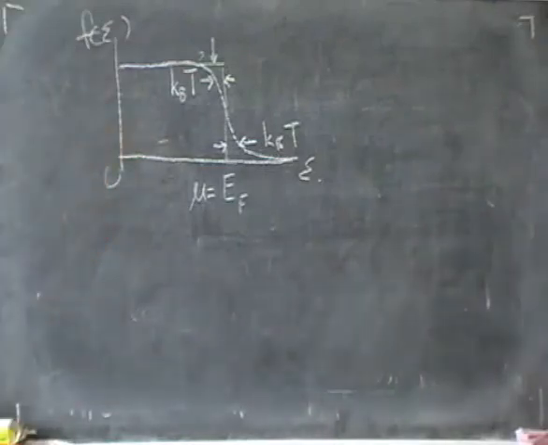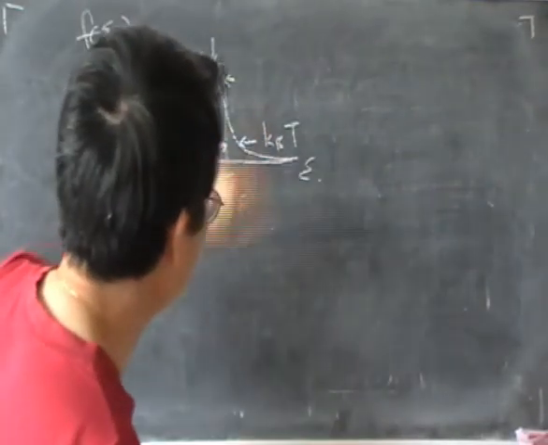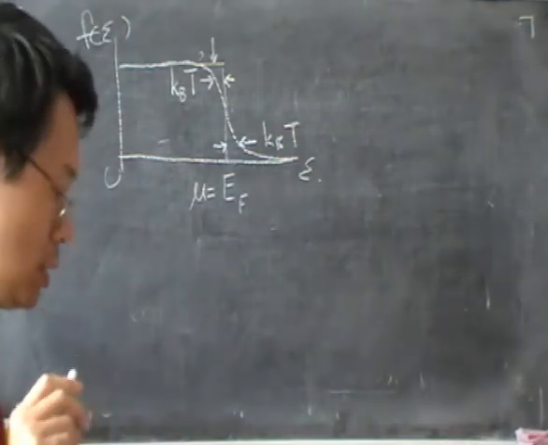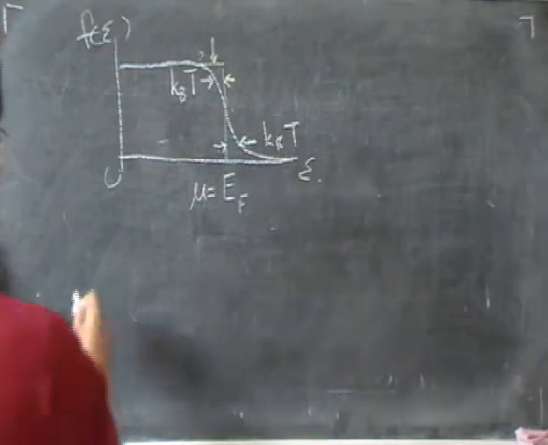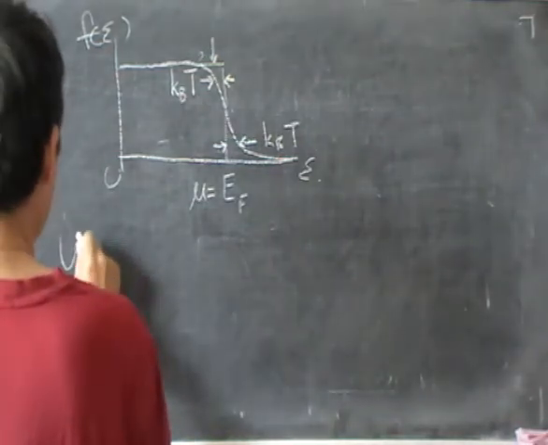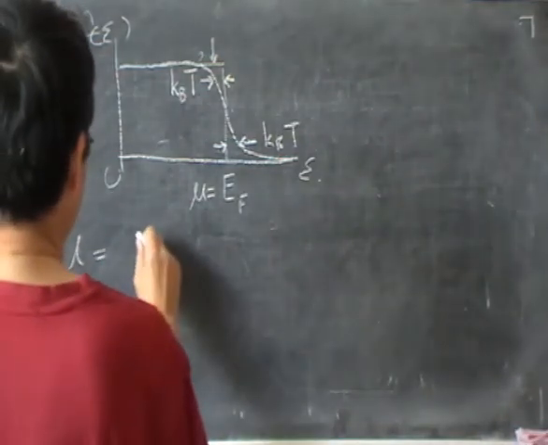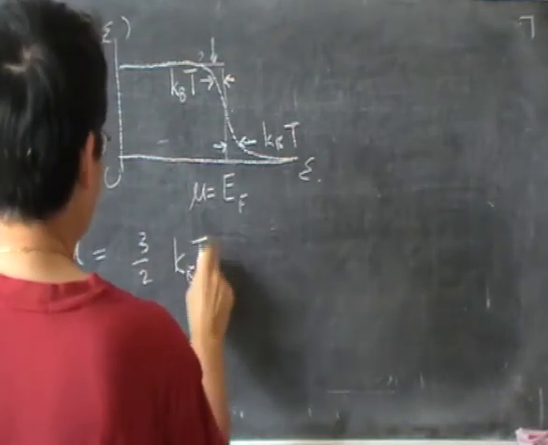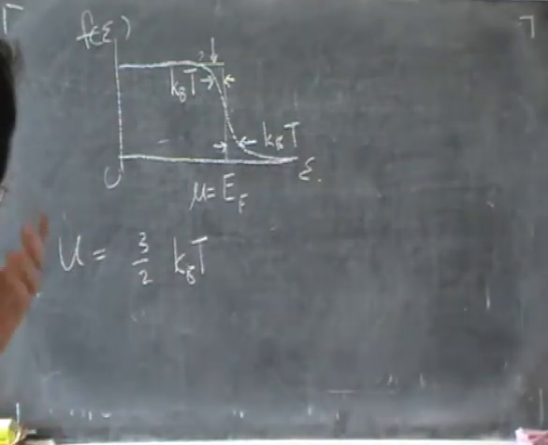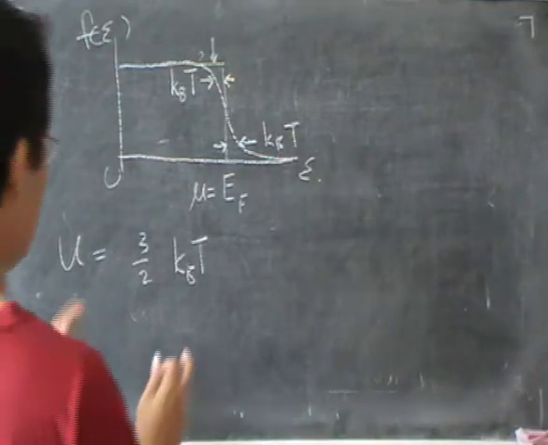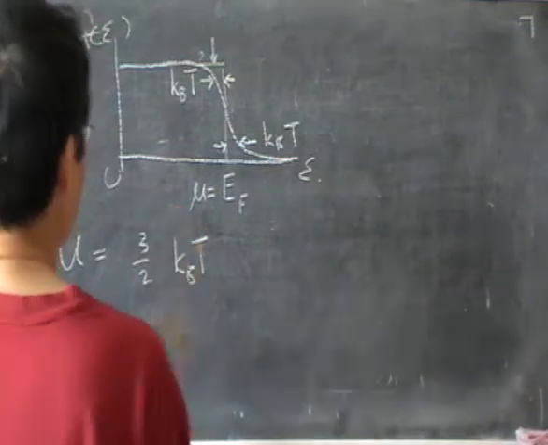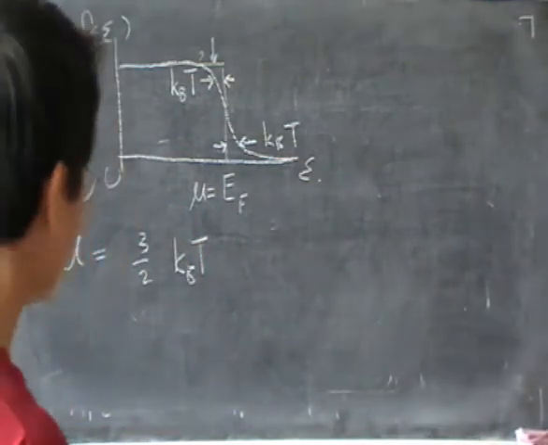So let's find the total energy of the excited electrons. Let's write down what we need. Now for an ideal gas, the total energy is given by, as we have seen, U is equal to the average energy of the particles multiplied by the total number of particles.